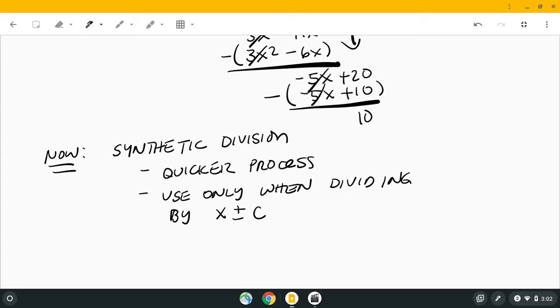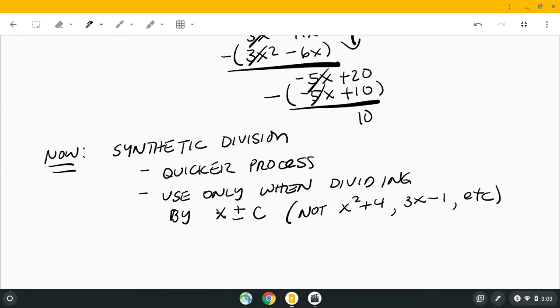So if you're dividing by something like x squared plus 4, then that's not going to work. If you're dividing by 3x minus 1, that's not going to work. Okay? It has to be 1x, not 3x.